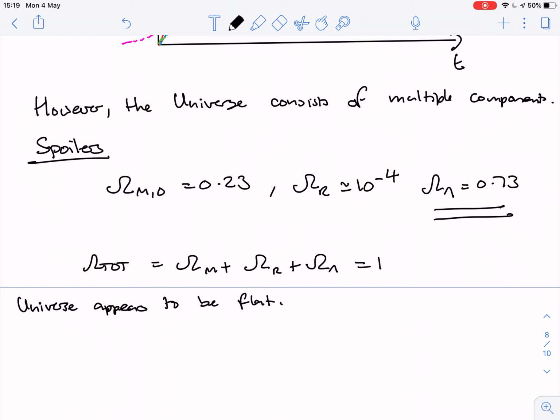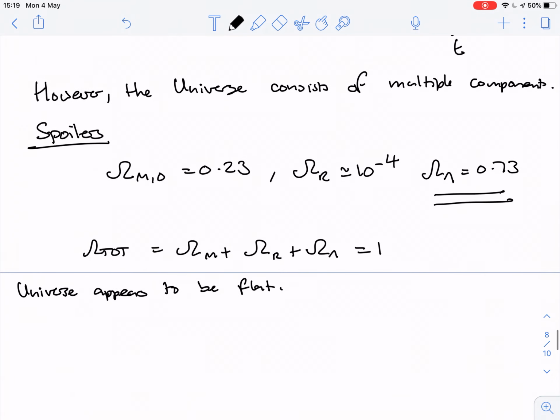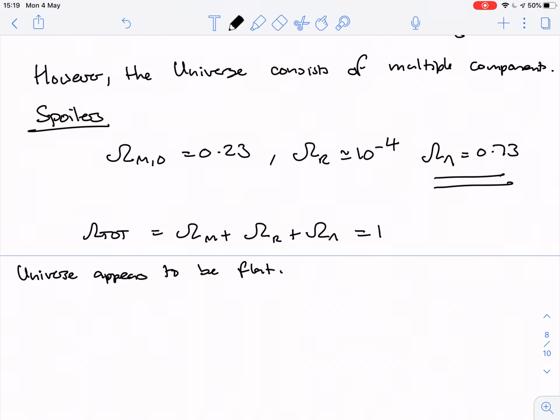But it's also not dominated by a single thing, which means that these solutions which we've just derived are in fact the accurate description of what's going on. On the other hand, they're not a bad approximation for a good chunk of the time. But you'll bear in mind the following. The evolution of the densities with scale factor is different.